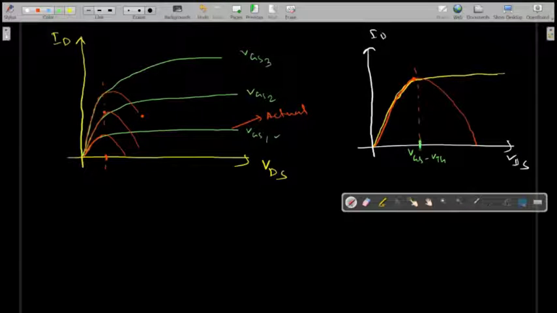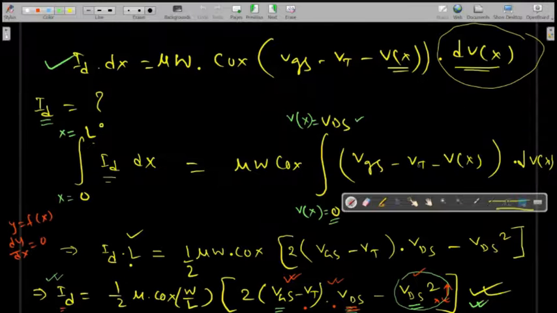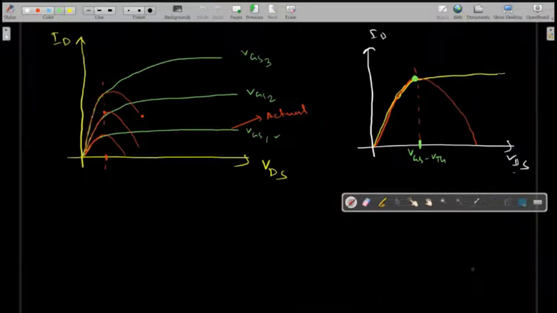Similarly, if you calculate it, this peak value will occur at VDS equal to VGS minus VTH. After this point, the drain current will fall, as per this equation. So the current equation we derived for this part is not correct.